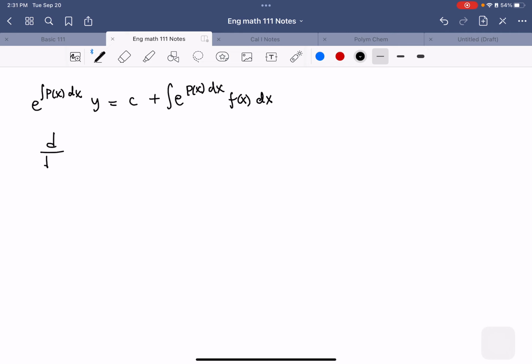So let me differentiate it. This e differentiated, the c becomes 0 and the integral is removed.